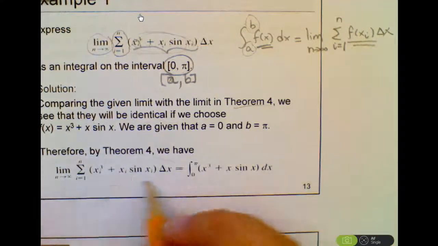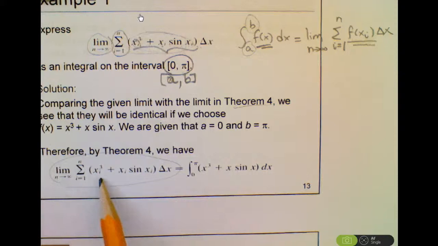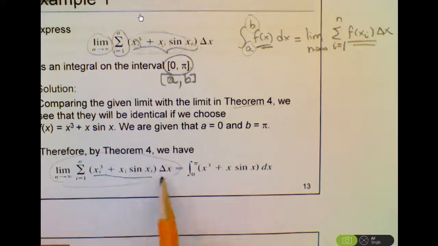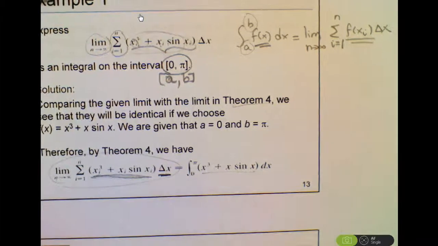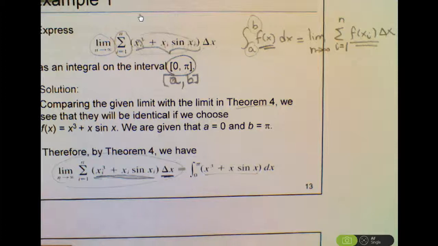So this limit, as n approaches infinity, remember we're creating a lot of rectangles, the base times the height, will be the same as the integral between 0 and pi of this function, which came from here, dx. So I'm just rewriting this limit that looks a little bit scary in a friendly manner as an integral.